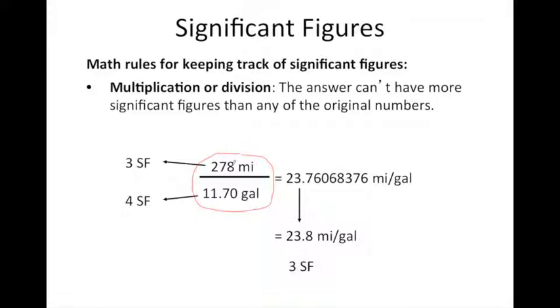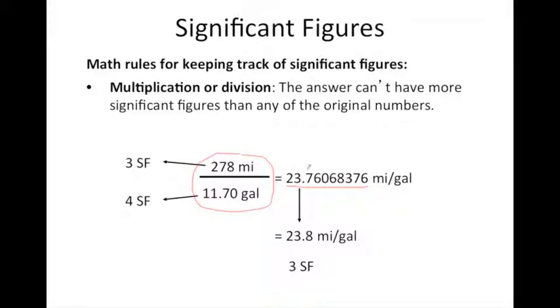Our first number on top, the miles, has 3 significant figures, and the number on bottom has 4 sig figs. So when we divide to get our miles per gallon, we get 23.76068376. This is the number that my calculator spit out. Of course, the units are miles per gallon.